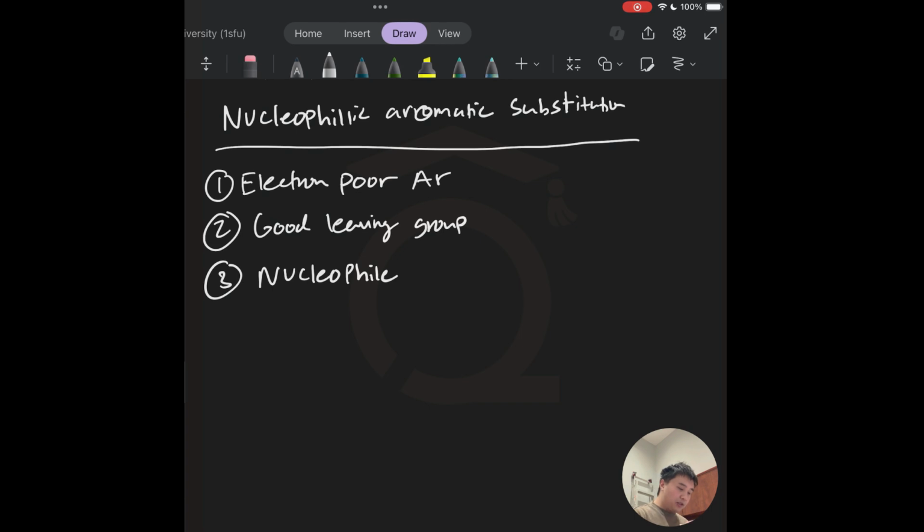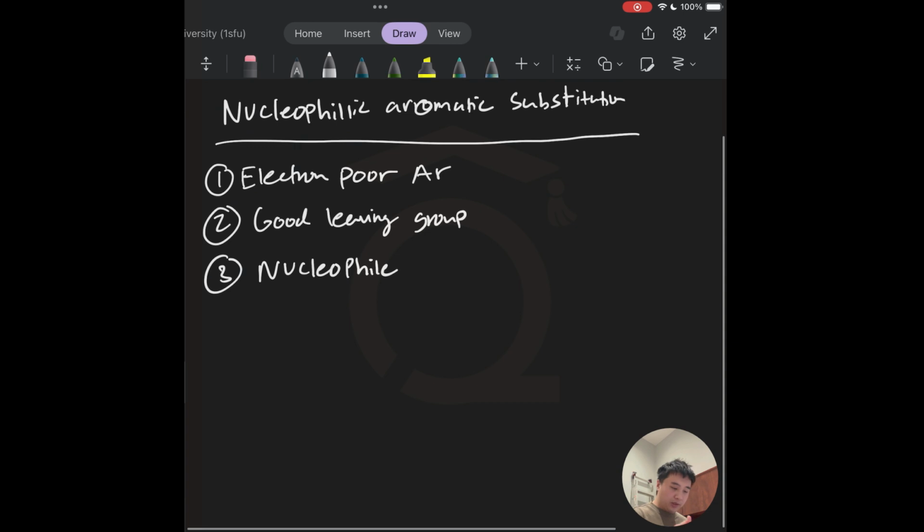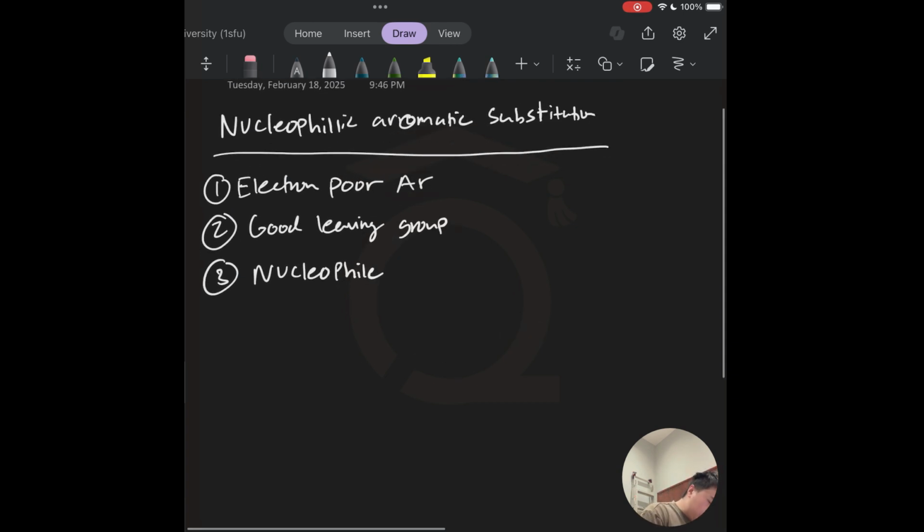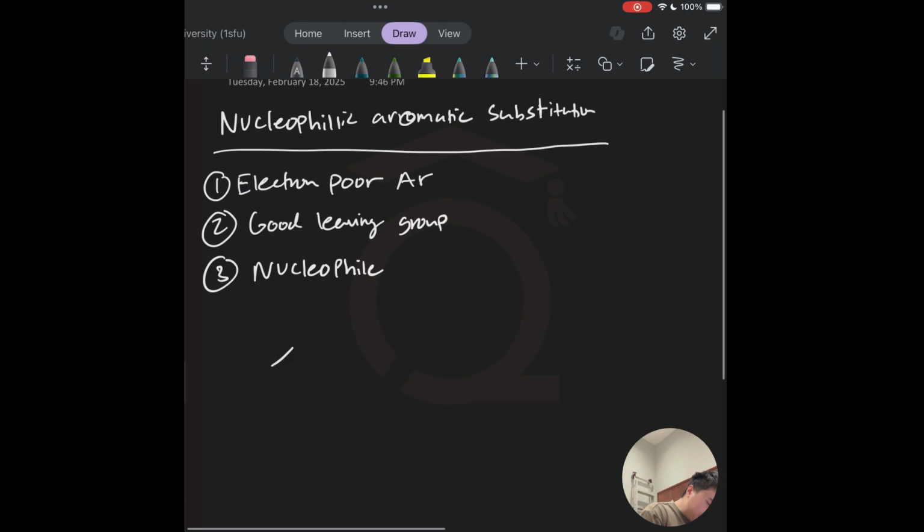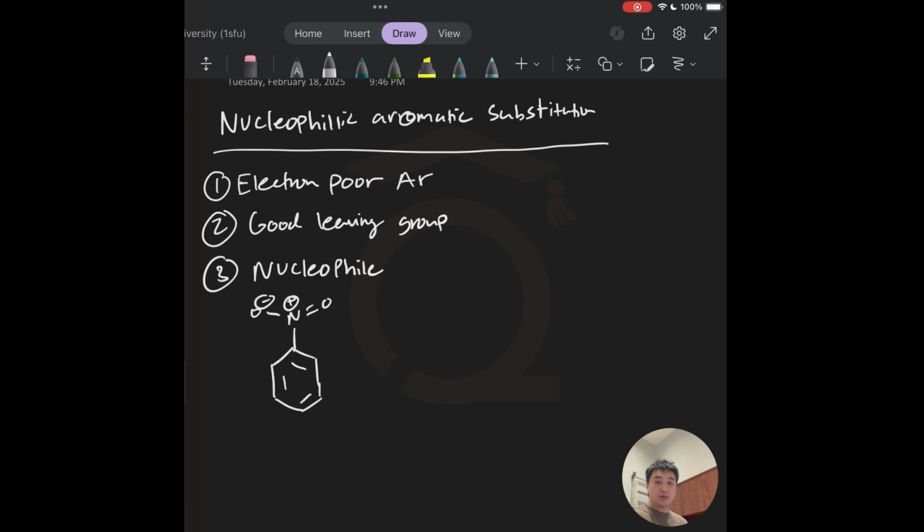Generally, the reaction goes as this. So you have your aromatic system with an electron withdrawing group. Let's just use NO2 because that's a very common electron withdrawing group. And a leaving group. Let's just use chlorine or chloride here, okay?